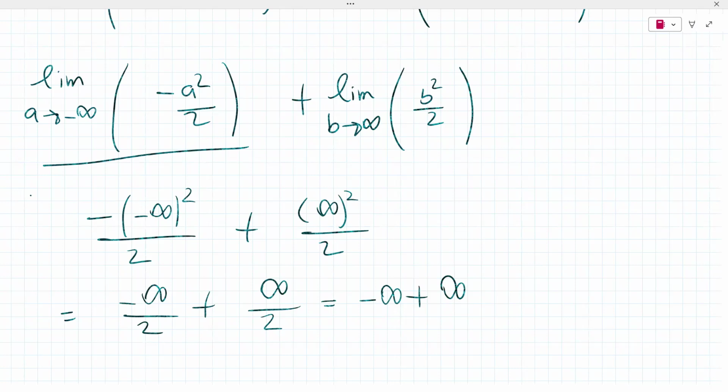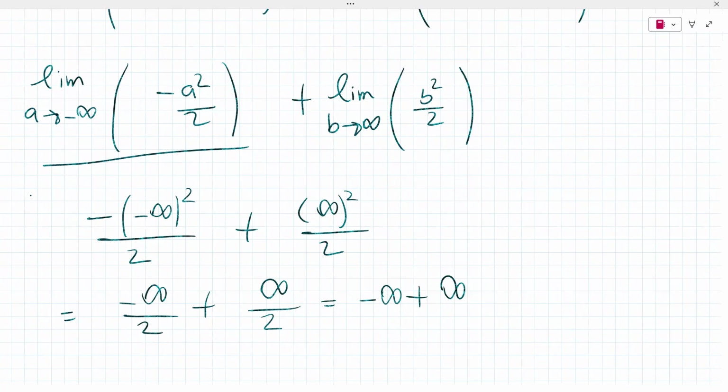So what is negative infinity plus infinity? And do not say 0, it's not 0. It's a very small number plus a very large number. We have no idea, because this could be like negative 1.6 million, and then this could be 100 billion. We don't know.